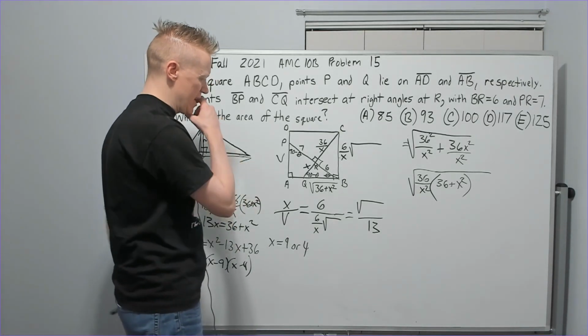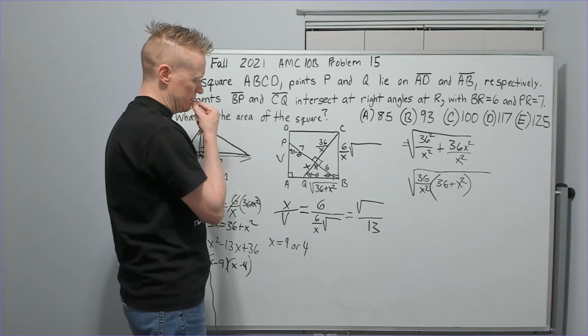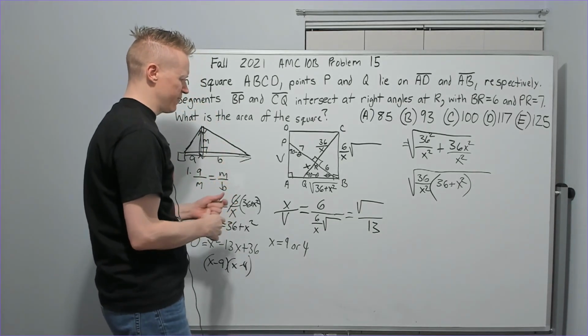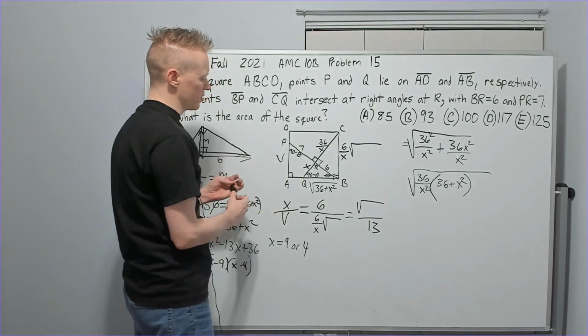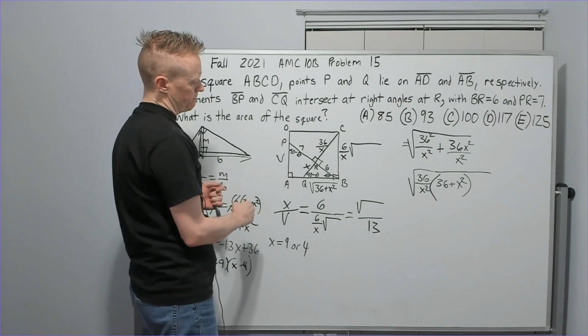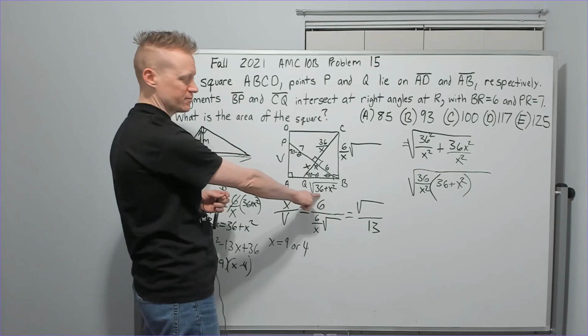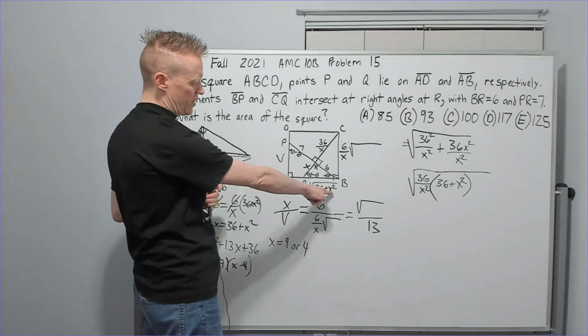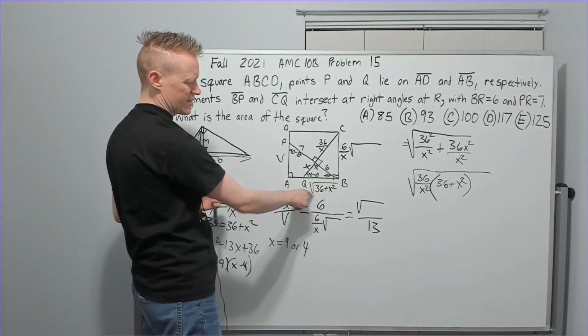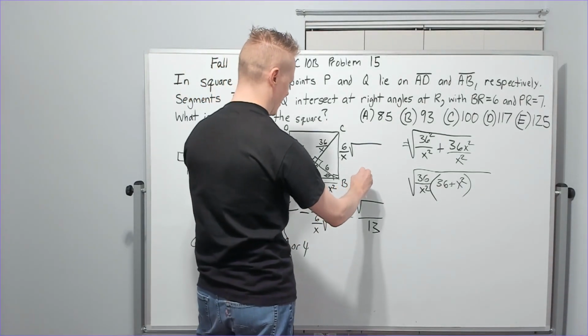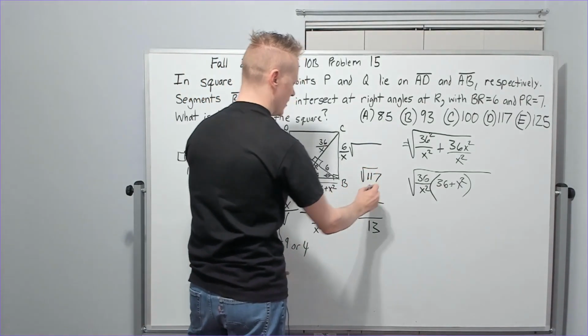If we try 9, I think something doesn't work out. I forget what. Let me see if we can figure it out real quick. Oh, I probably know. What's 81 plus 36? If you do 81 plus 36, you're going to get 117, root 117.